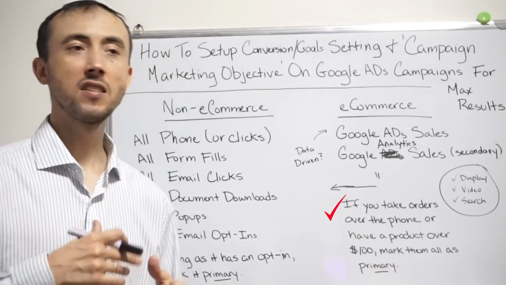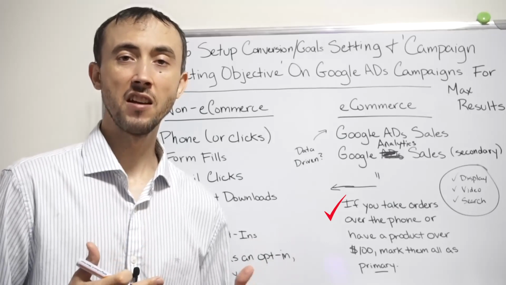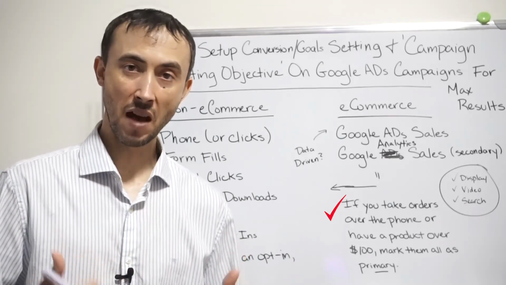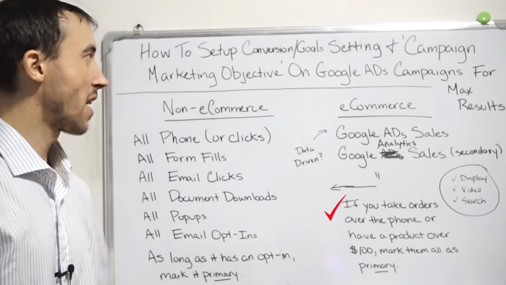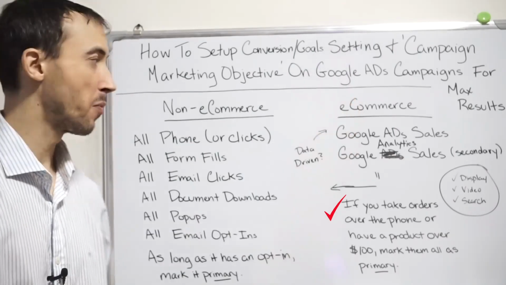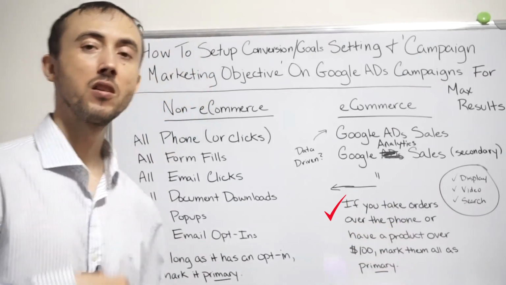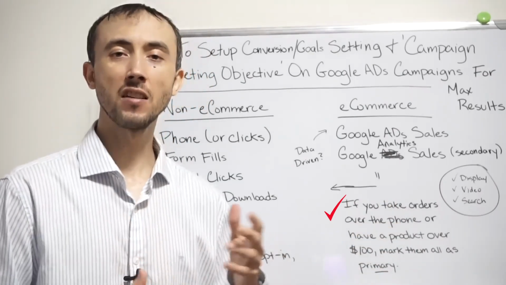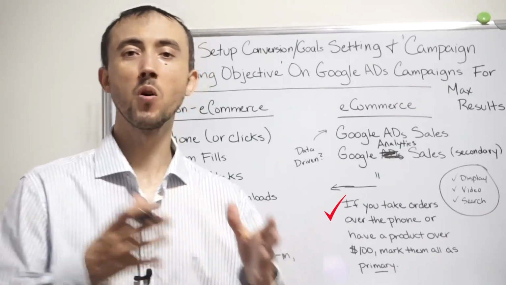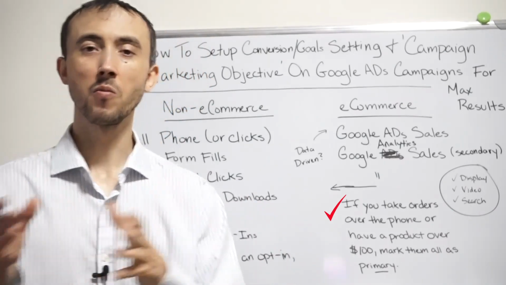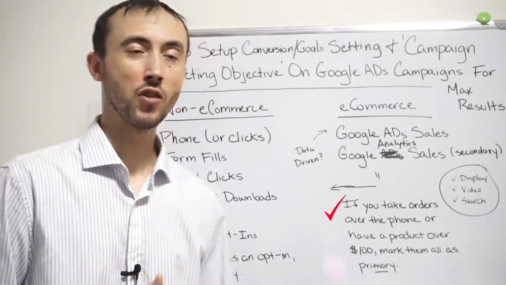So all your results are basically predicated on how much quality data you have built up for your account. If you are actually looking at the leads in your goal setting of your display campaign, you're going to have a good chance that your algorithm's going to get all screwed up and then get you more and more of these bots, filling out your form and not optimizing for quality traffic.